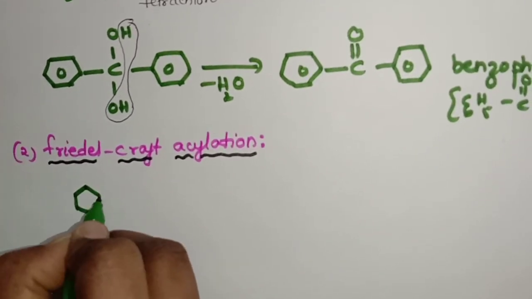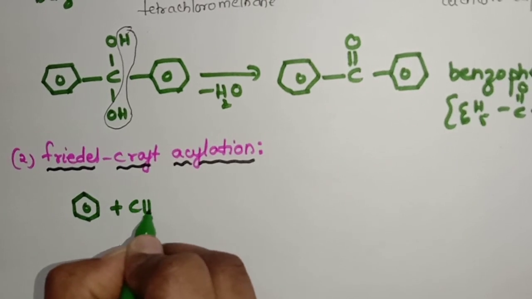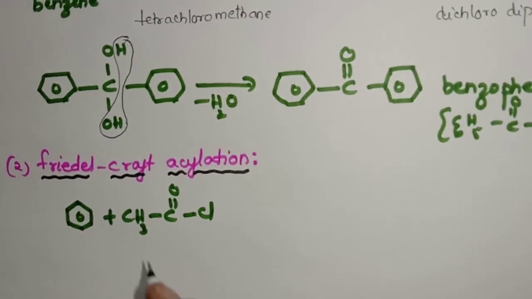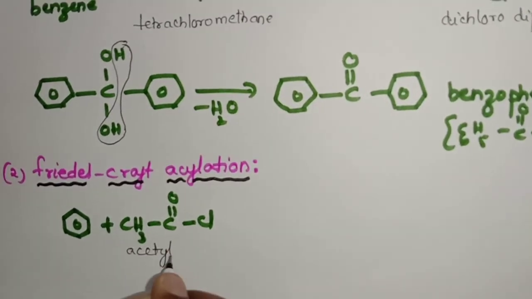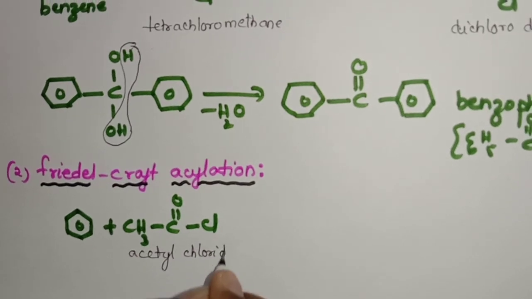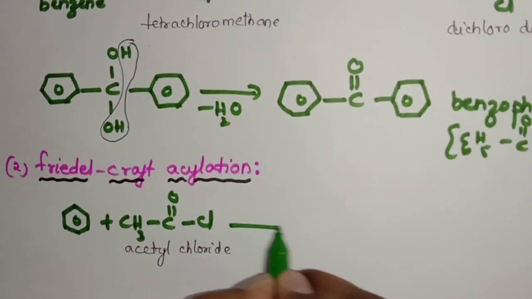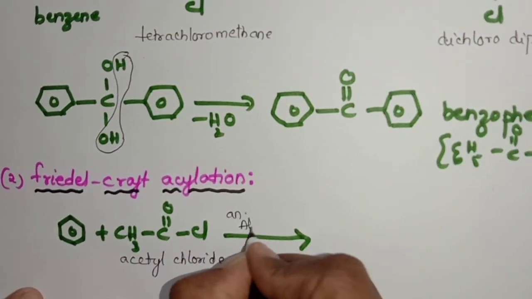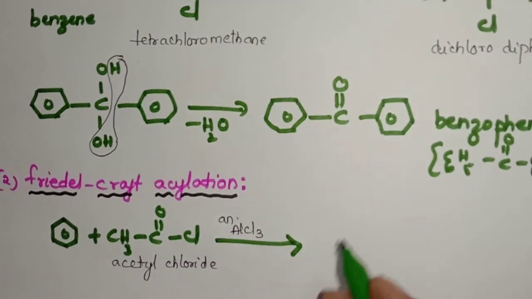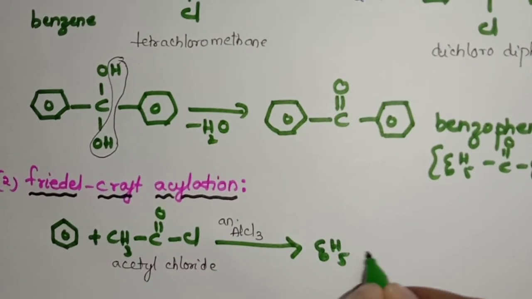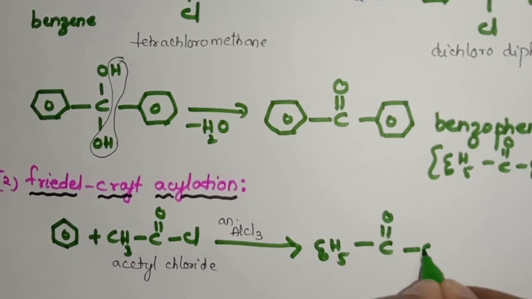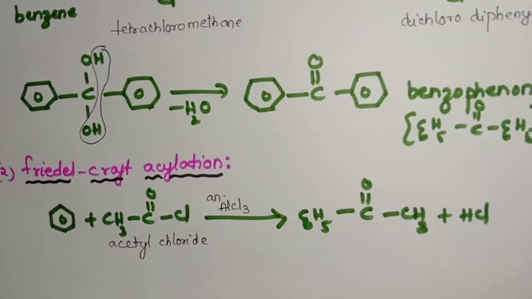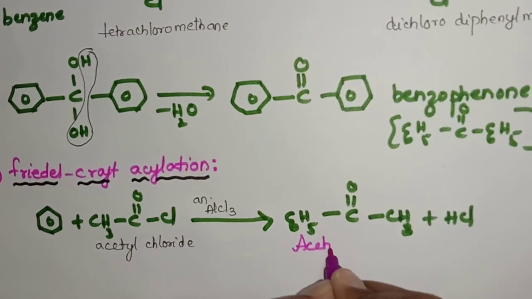Taking benzene plus CH3 C double bond O Cl, which is called acetyl chloride, in the presence of anhydrous AlCl3, we get C6H5 C double bond O CH3 plus HCl. This is called acetophenone.